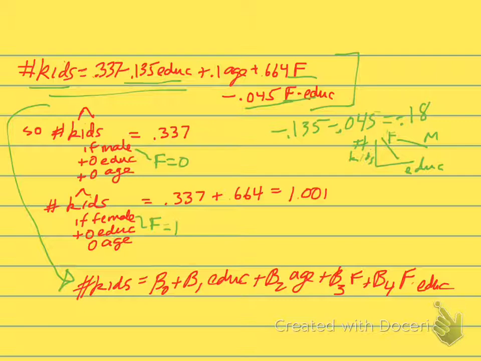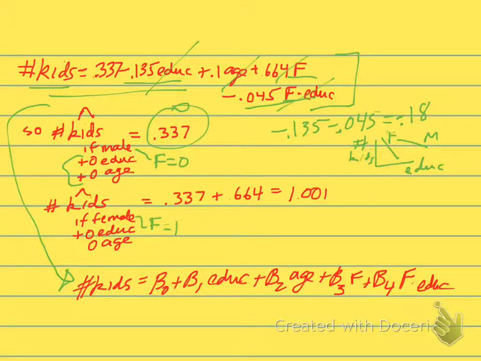And just arbitrarily, because it's going to be easy, you'll see in a second, let's set the years of education to 0 and the age equals 0. So now the predicted number of kids for a male, where female is equal to 0, with age and education equal to 0, is just 0.337.